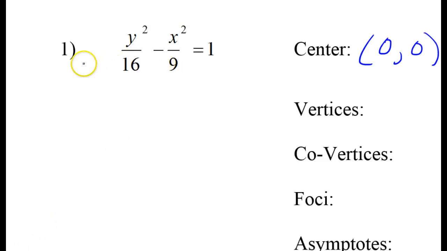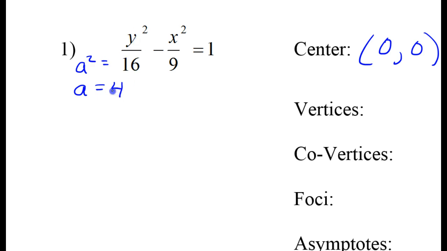Okay, now, in standard form like this, the very first denominator, the positive term, is always going to be a squared, regardless of whether it's bigger or smaller. So a squared is 16. That means a is equal to 4. So when I do my plus and minus 4, don't forget that this is the y term.